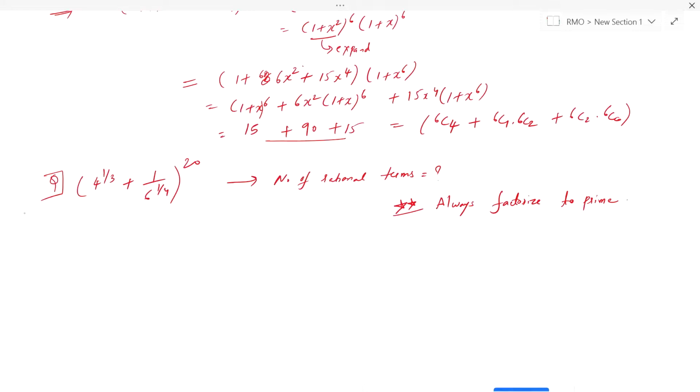Pay attention, you have applied this thing. See, in this case it's 4 and 6, so there might be some common multiple, so you have to use this factor. First factorize to prime.